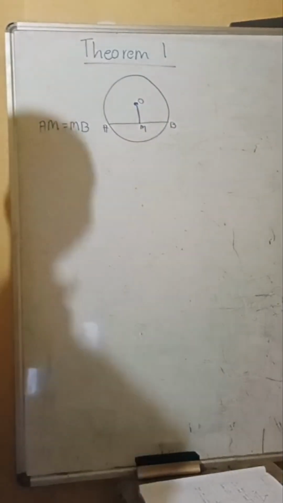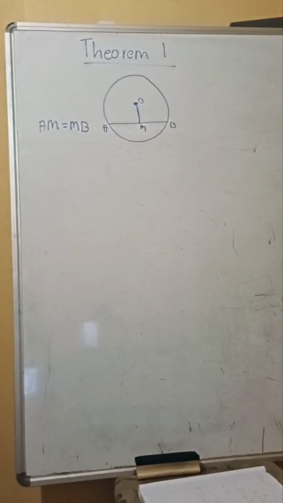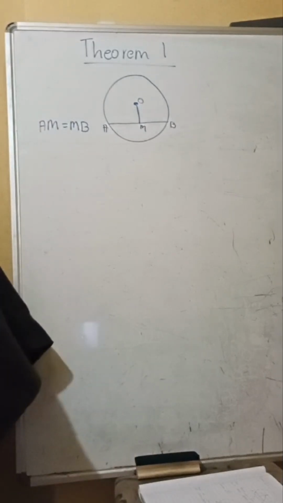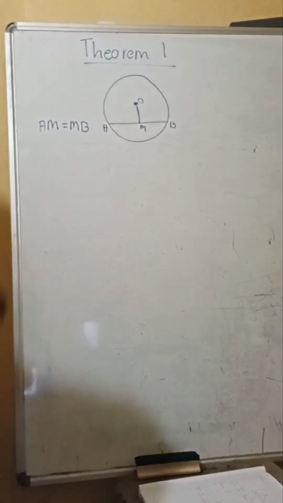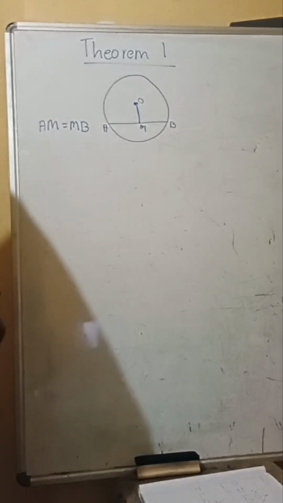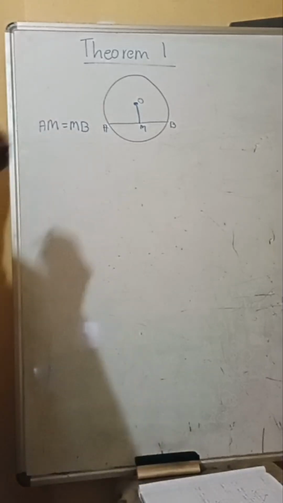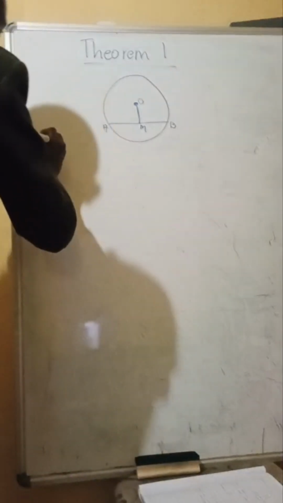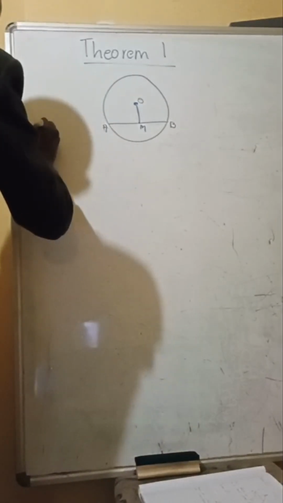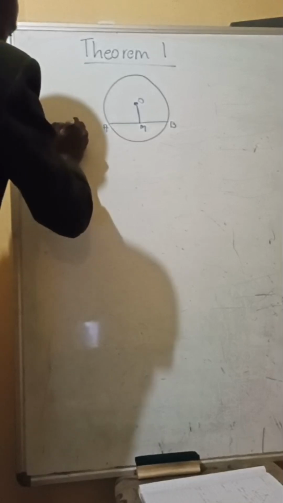This is the first theorem of circle geometry. And there is a question to this theorem. They will say, prove that AM is equal to MB.